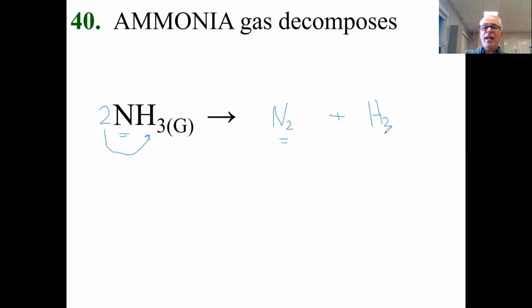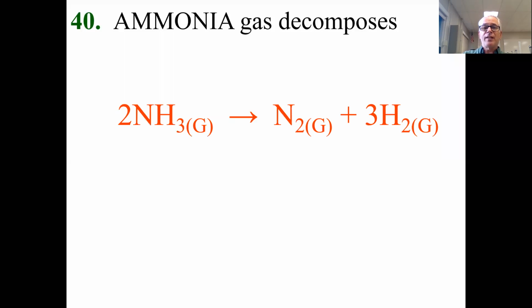How do I get 6 over here? Can I make that H6? No, it's not a Hummer truck. You can't have H6, but you can get 3 hydrogens like that. And that's exactly what happens. Look at this. 2 ammonias make 1 nitrogen and 3 hydrogens. 2 to 1 to 3 ratio.